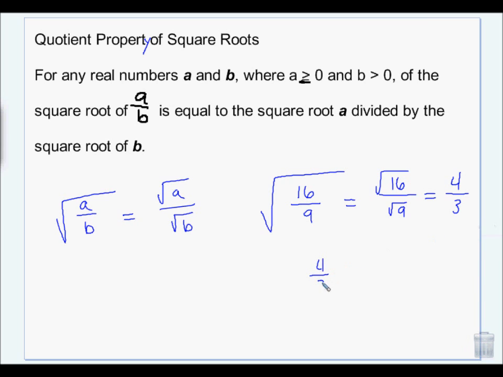And just to double verify that I am telling you the truth, if I take 4/3 and I square it, that's 16/9. Because it's 4/3 times 4/3, right? Which would give me that. So we can see that this is in fact true.